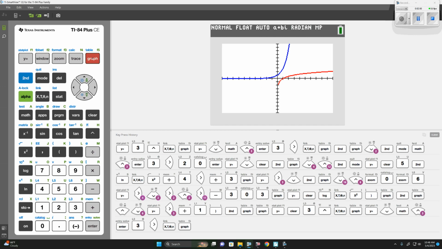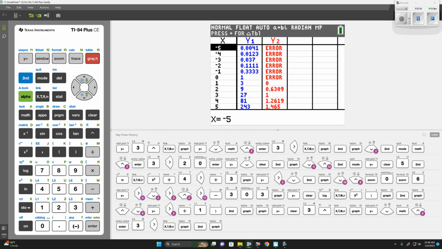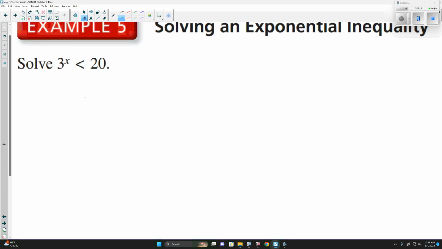We can't actually have a value for 0, but they're going to start right after it. And if we look at the table, when x is 0, for the one in red, we have an error. We don't actually have a solution for it. So what's inside the logarithm has to be greater than 0. So when we get to logarithms, we will have some restrictions we have to apply. But we're going to look at these here first.